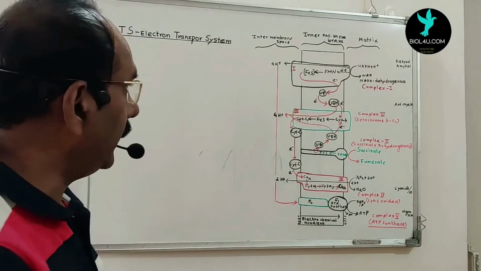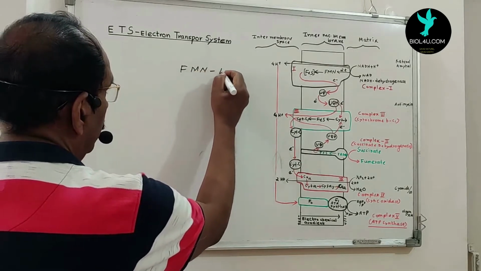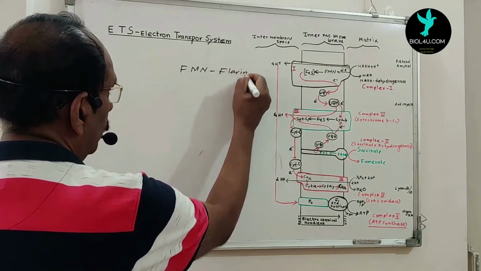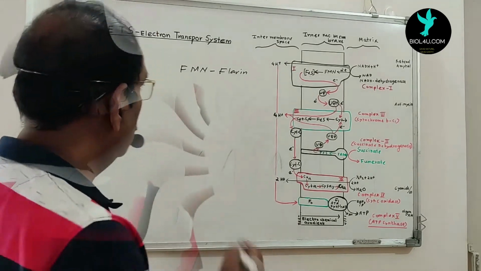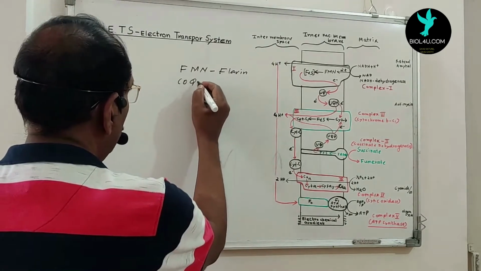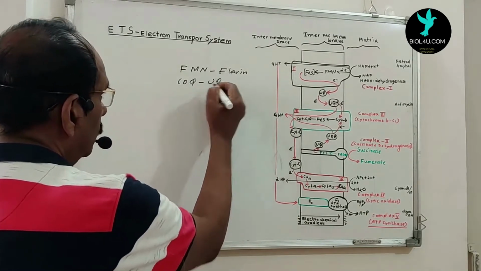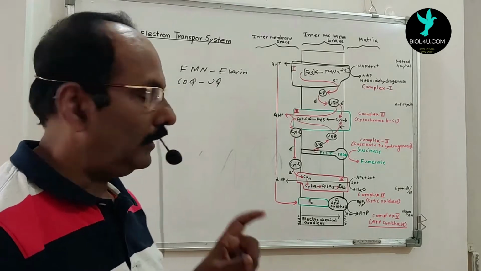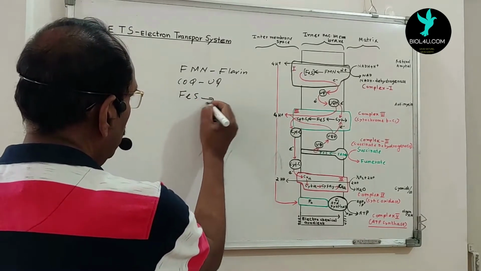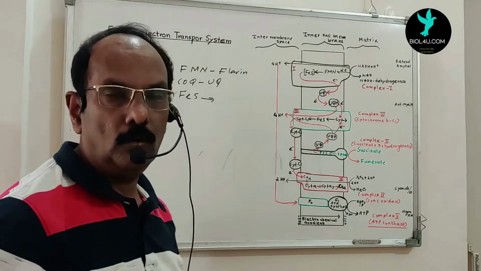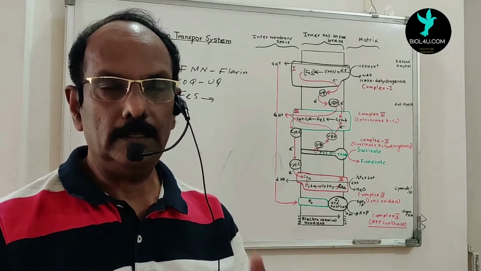One of the electron carriers is FMN. FMN means flavin mononucleotide. Another electron carrier is coenzyme Q, which is also called ubiquinone. And the third electron carrier is the iron-sulfur compound, and this iron-sulfur compound helps to transfer the electrons from one carrier to another carrier.